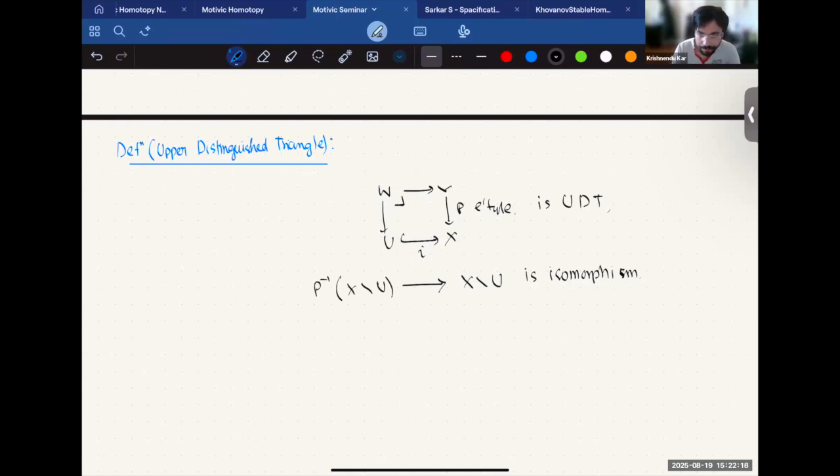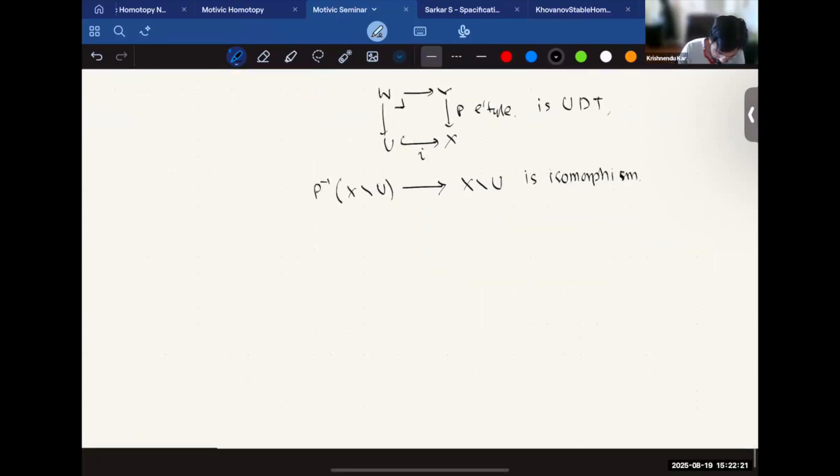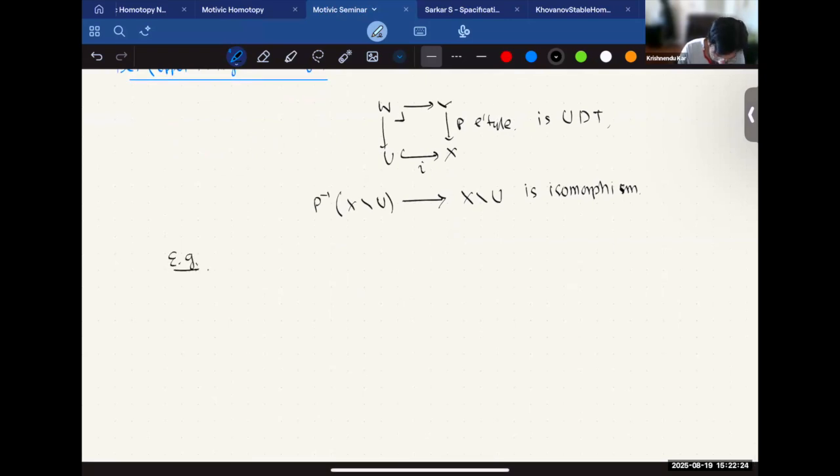Let's take an example. Your Zariski covers are examples of this upper distinguished square. So if you take X to be U union V, and W to be U intersection V, then that will give you your upper distinguished square. And your Nisnevich topology has been discussed in the appendix.